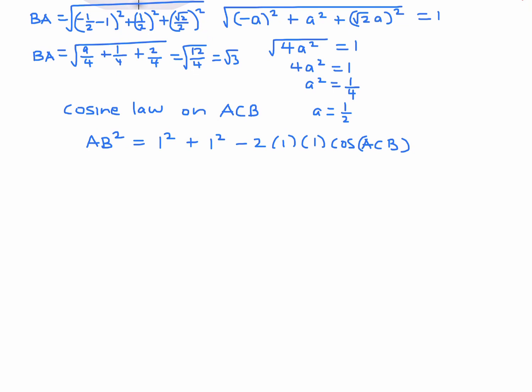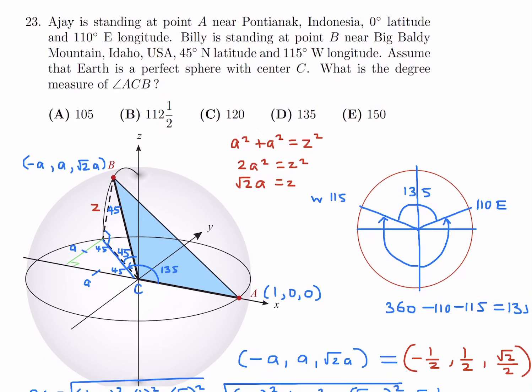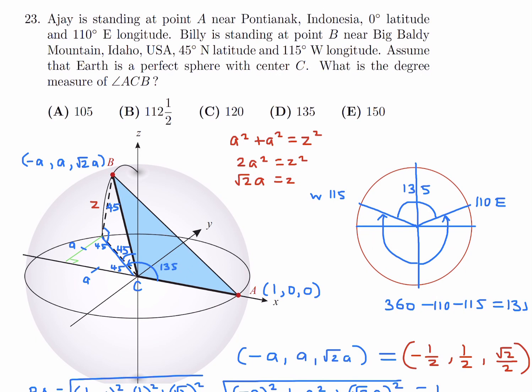So AB squared, or BA, same thing, that's going to be just 3, and this is going to be 1 plus 1 minus 2 cos ACB. So 2 cos ACB is 2 minus 3, which is negative 1, and therefore the cos of ACB is negative 1/2, and therefore ACB is 120 degrees. So number 23, the answer is C.